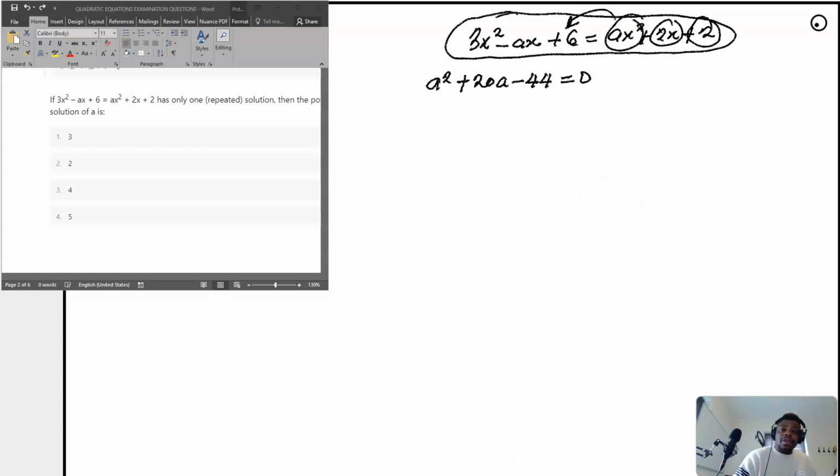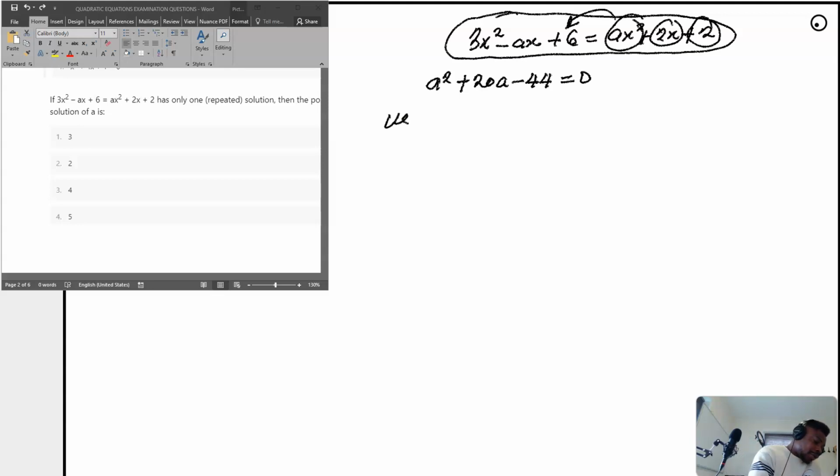So now let's solve this quadratic equation. Here I cannot use the factorization method. I have to use the quadratic formula method. And I've done this in my previous video. For those of you that have not seen that video, click on the top right hand corner of this video.